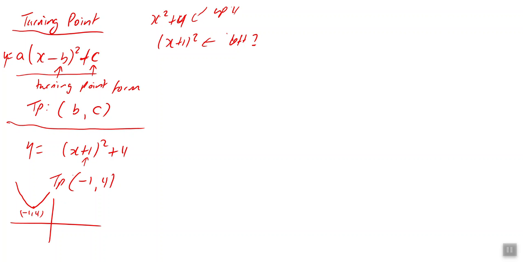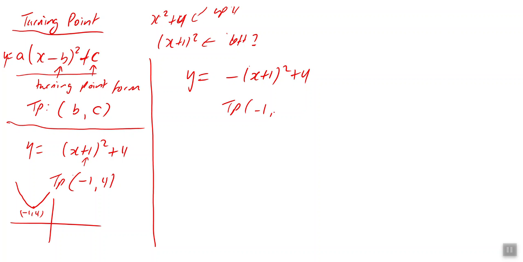So this is how we do graphs with multiple transformations. Let's do another one. If I have y = -(x + 1) squared + 4, what would that look like? The turning point's still (-1, 4). Remember, opposite to what you expect here, and same as what you expect there.